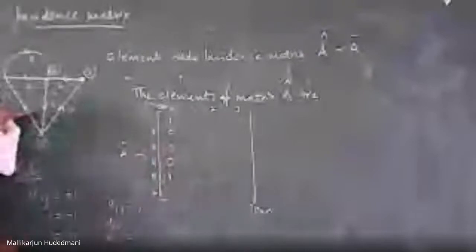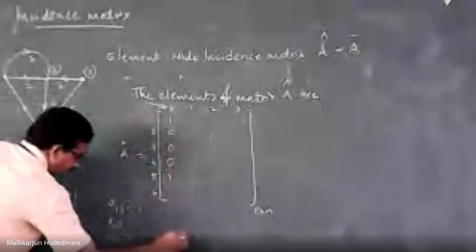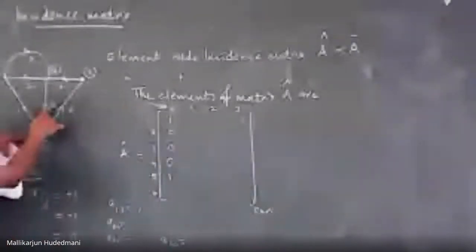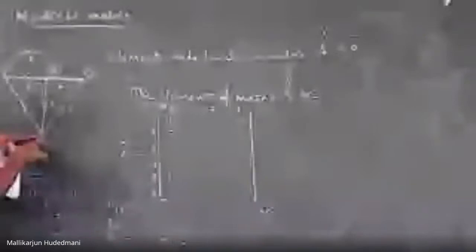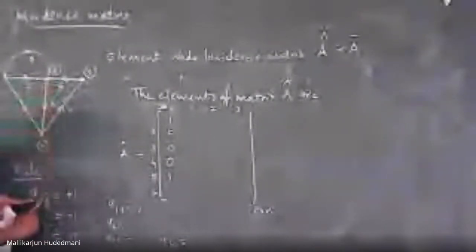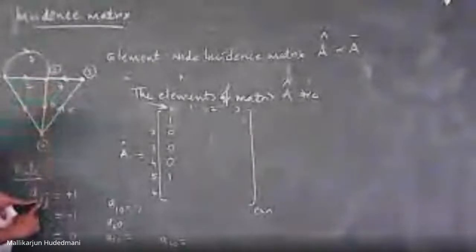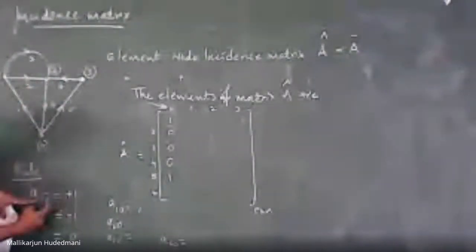And the 6th element, A60. It is the 6th element, incident to 0 and oriented towards that. Oriented towards that means the second rule: the ith branch, incident to the jth node or bus, oriented towards j is -1. Away from j is +1, towards j is -1, not at all incident is 0.